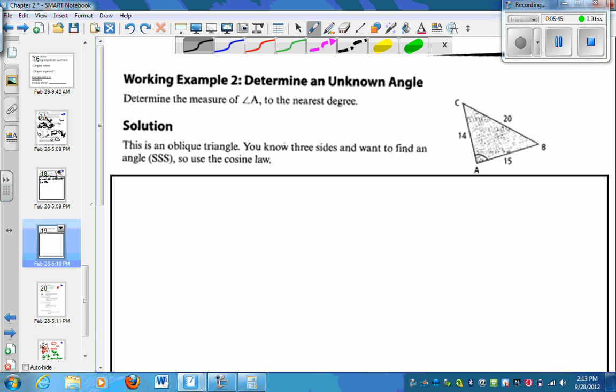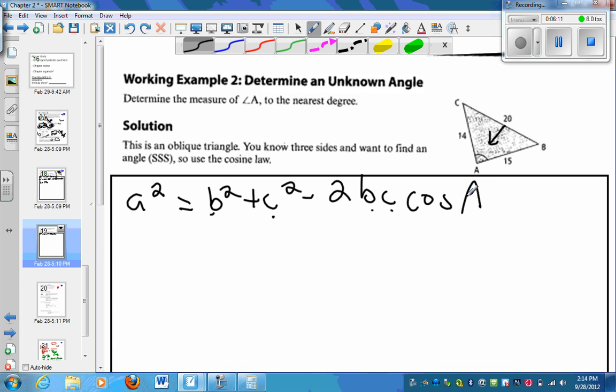Determine the measure of angle A to the nearest degree. So look, I have this relationship where these are across from each other. So I'm going to rewrite it as a squared is equal to b squared plus c squared minus 2bc cos A. Always notice that whatever we have here is there, cos, and it has to be cos of A, because these two have to be in a relationship.